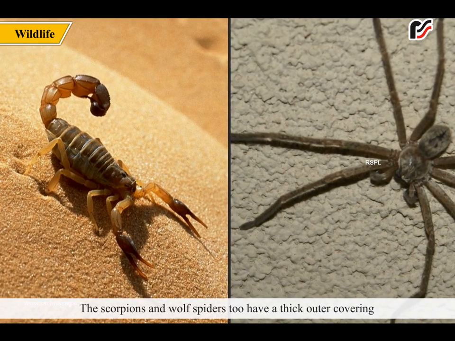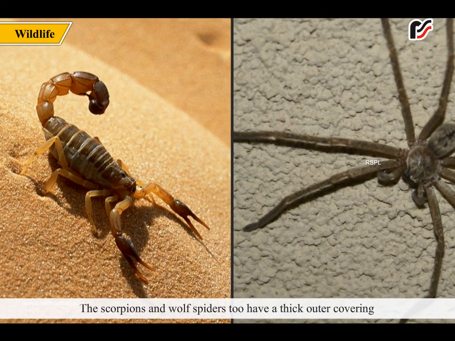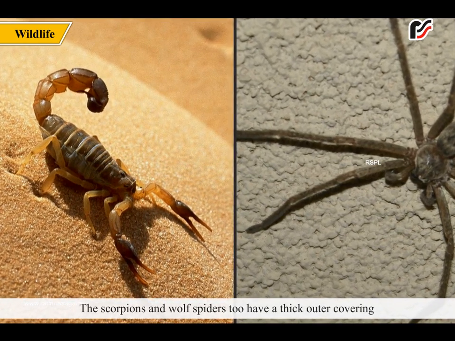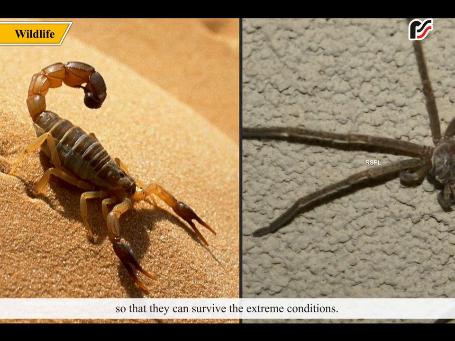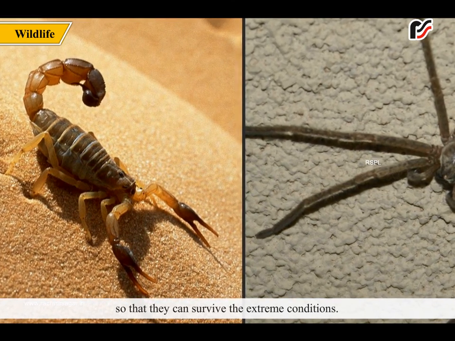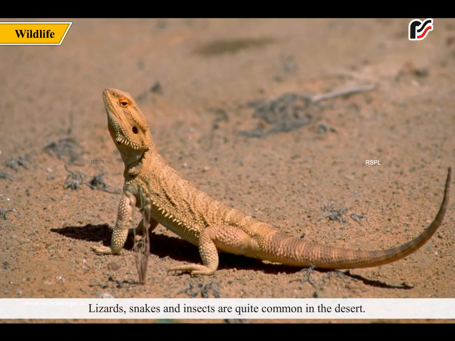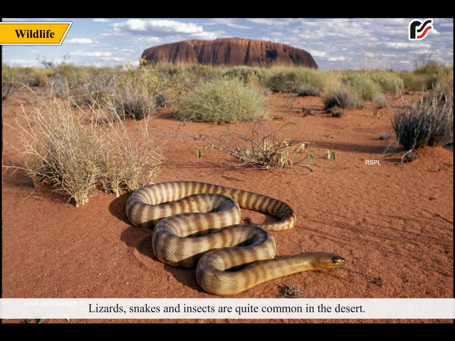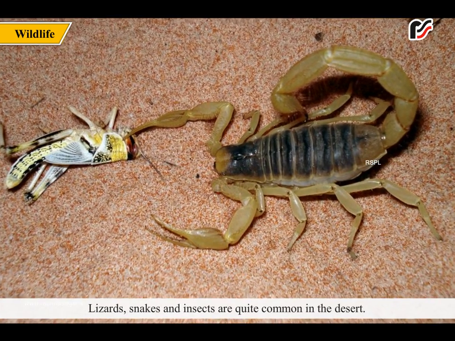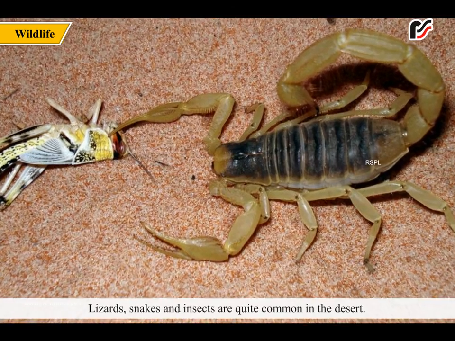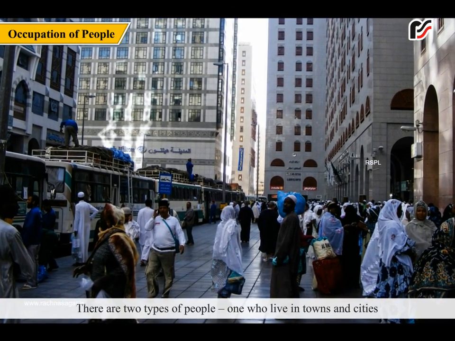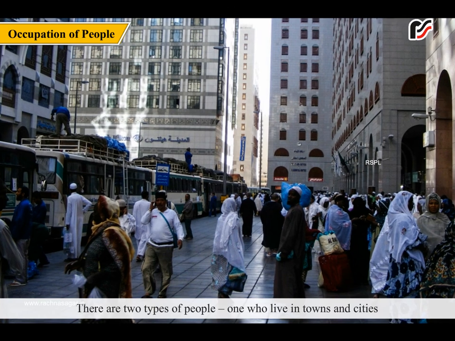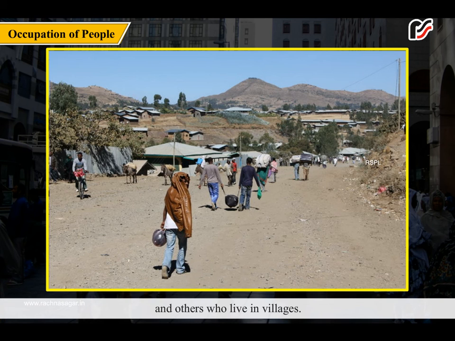The scorpions and wolf spiders too have a thick outer covering so that they can survive the extreme conditions. Lizards, snakes, and insects are quite common in the desert. There are two types of people, one who live in towns and cities, and others who live in villages.